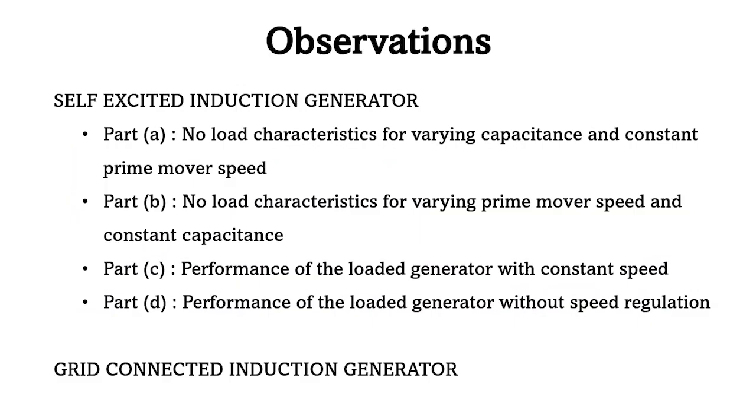For the observation sheet, you have to prepare 5 tables as we discussed earlier. There are 4 tables for the 4 parts under the self-excited induction generator and 1 table for the grid-connected induction generator. Then we'll move to the calculations.